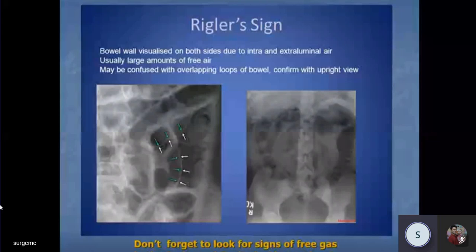Similarly, the same kind of intestinal obstruction-like features, adynamic obstruction because of peritonitis, can happen in small bowels, and you think it's a case of small bowel obstruction whereas you are missing the free gas under the diaphragm. Conversely, a long-standing acute intestinal obstruction with gangrenous gut perforating can also have free gas under the diaphragm. So in an intestinal obstruction, please look for free gas under the diaphragm every time.